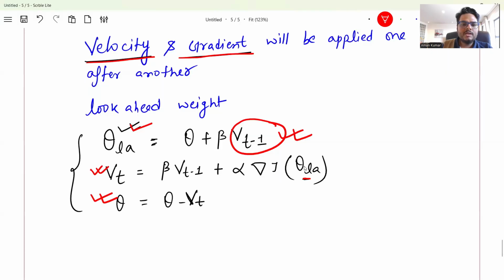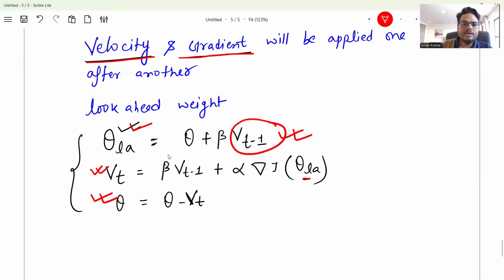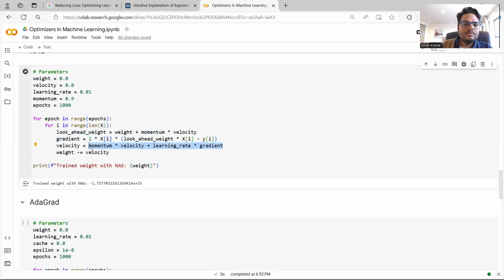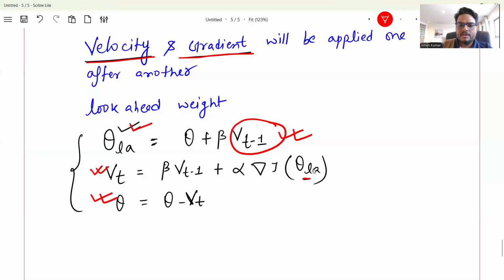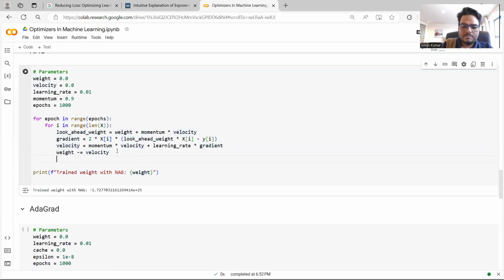Both these things come together. The gradient is computed on the look ahead weight, and then we adjust the weight. I will also add print weight, and I will simply run this.